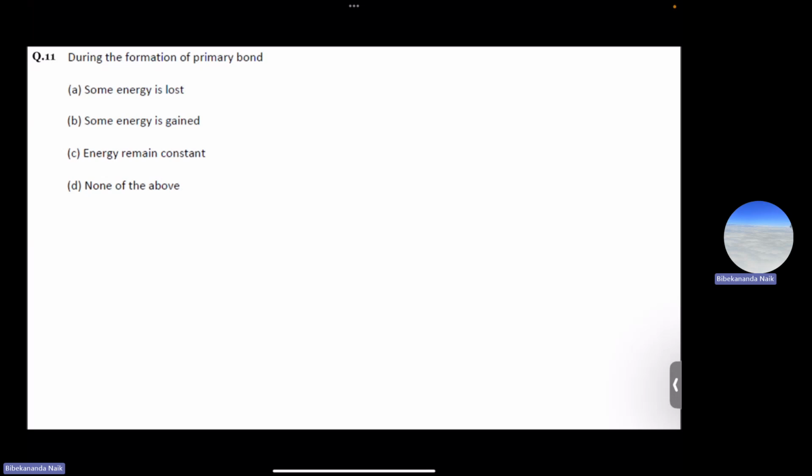This is how atomic bonds or primary bonds are generally formed. Primary bonding is a direct consequence of exchange or sharing of electrons. When there is exchange of electrons, it is called ionic bonding, and if there is sharing of electrons, it is called covalent bonding or metallic bonding.